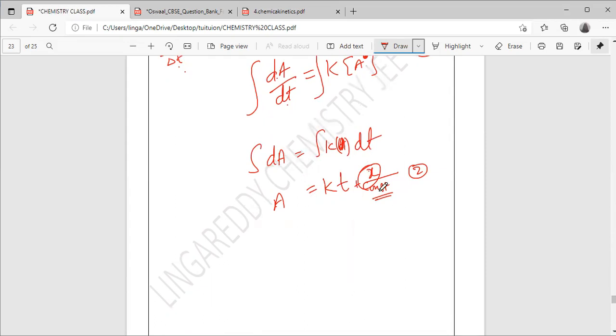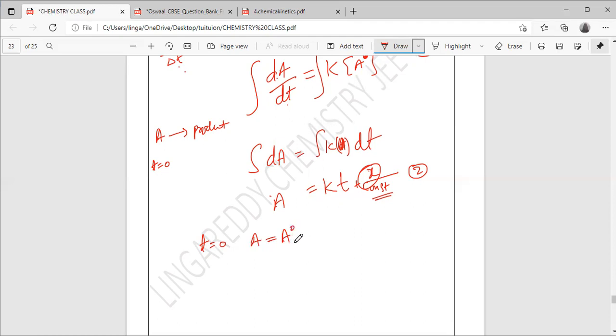Now, this constant value actually we don't know. So I want to calculate this constant x value. How to calculate? In this reaction, A is converting into product. When t equal to 0, what will be the concentration? See, when t equal to 0, A equal to A0.